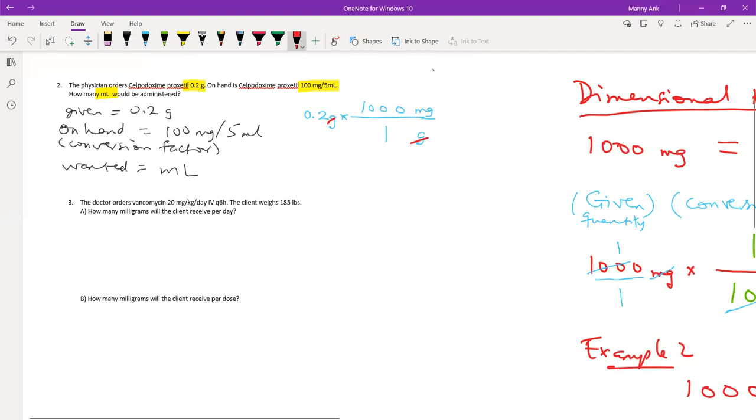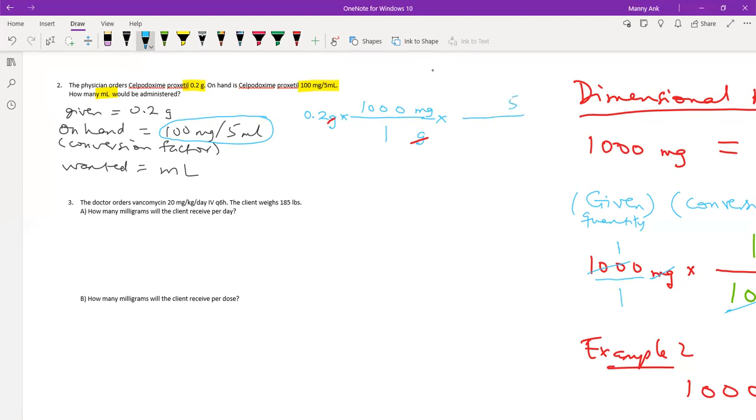Now I can use the on hand conversion, 100 mg per 5 ml. I want to go all the way to ml. So when I'm using this factor, whatever I want to end up with will be in the numerator.